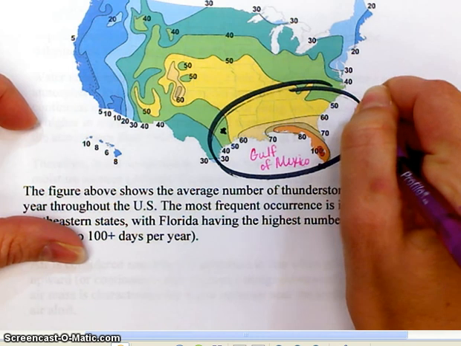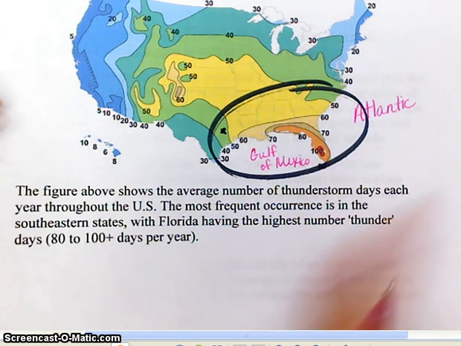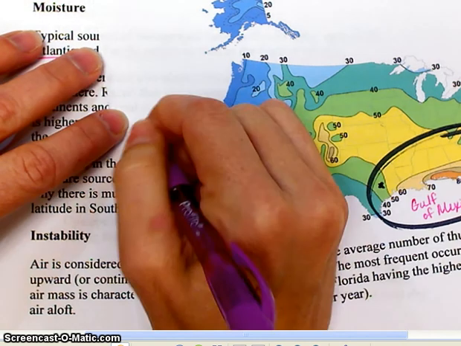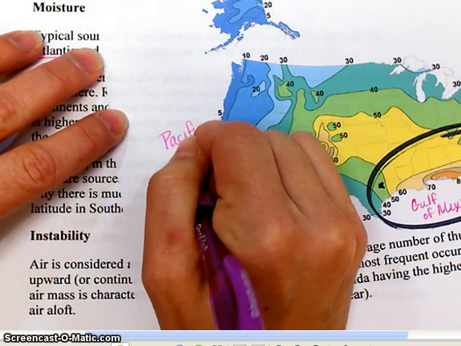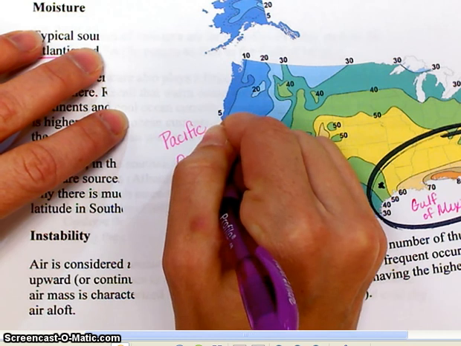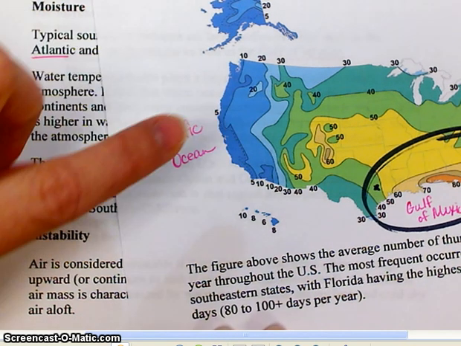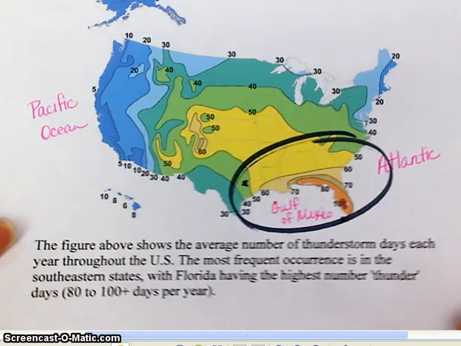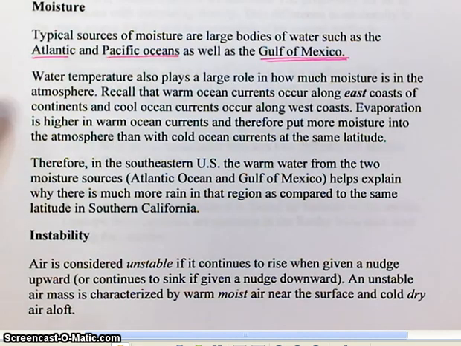The Atlantic Ocean is here. The Pacific Ocean is over here. And we will find out in a little while why this area of the country, even though it sits next to the Pacific, does not experience as many thunderstorms as the Atlantic side of the country. Okay. All right, so we need a source of moisture, and those are going to be large bodies of water.